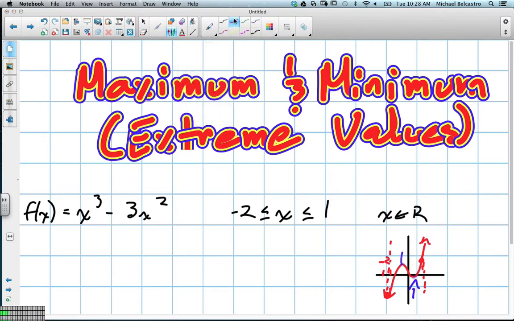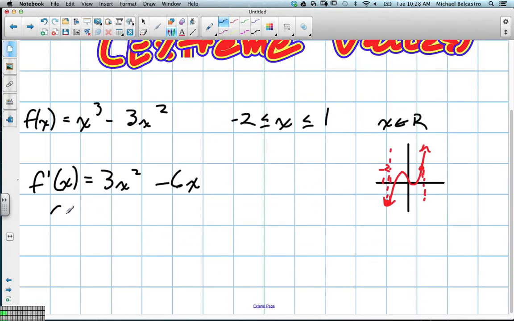So we derive our function: f prime of x is equal to 3x squared minus 6x. We set this equal to 0, and we can take out 3x, which gives us x minus 2.